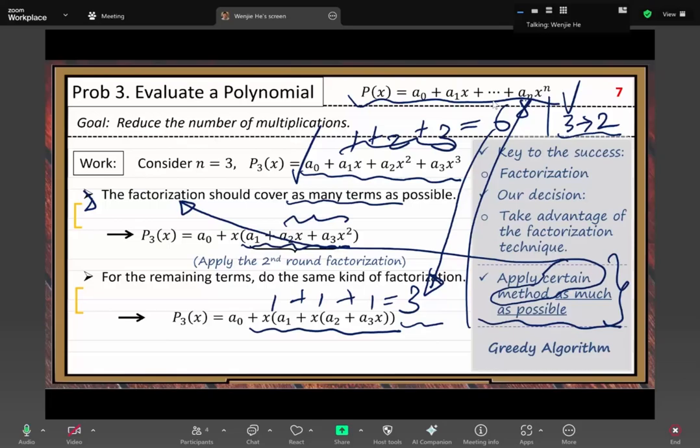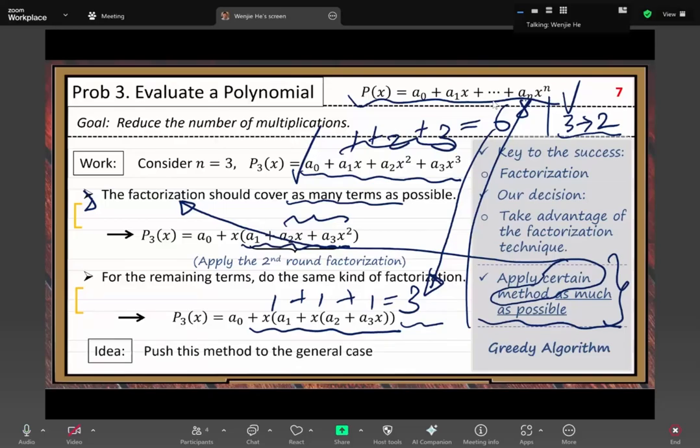So next, we will apply this greedy algorithm to do the factorization, pushing this method to the general case.